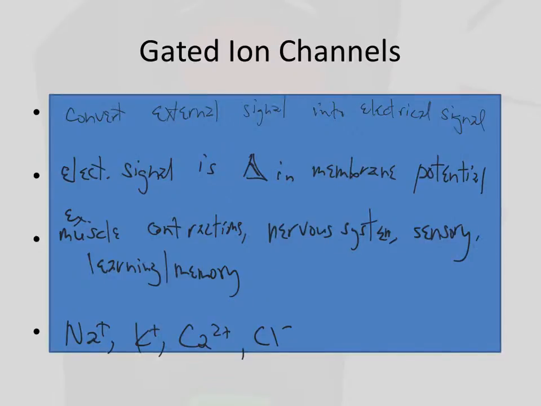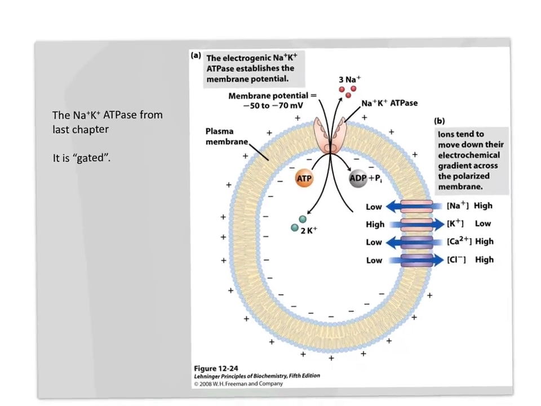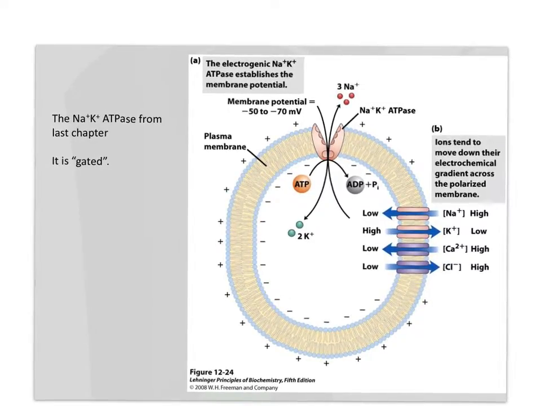Okay, so this was just an example of one. This is the sodium-potassium ATPase. I said it was from last chapter, but I don't know if you guys are able to go over it or not. But just in general, it's a gated ion channel. The way that it causes hyperpolarization is that sodium and potassium both have a +1 charge.